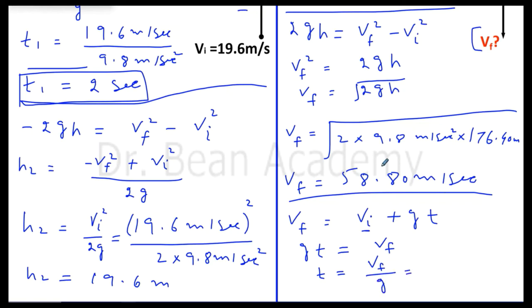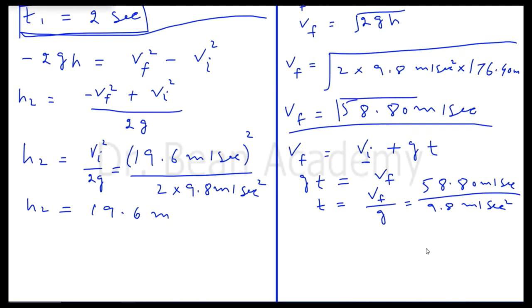And I have just calculated the final velocity here. So I will put this value into this equation, 58.80 meter per second divided by 9.8 meter per second squared.